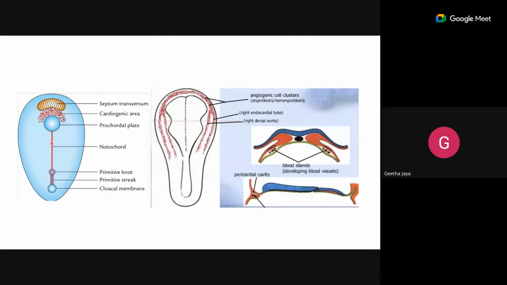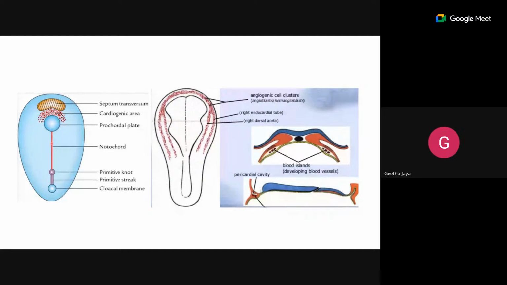Because of the rapid growth of the neural tube, the cranial part, that is cranial to the front end of the neural tube, will bend ventrally. Like that, the part dorsal to the caudal end of the neural tube again will bend ventrally. This bending is due to the firmness of the neural tube and the underlying notochord and the primitive streak.